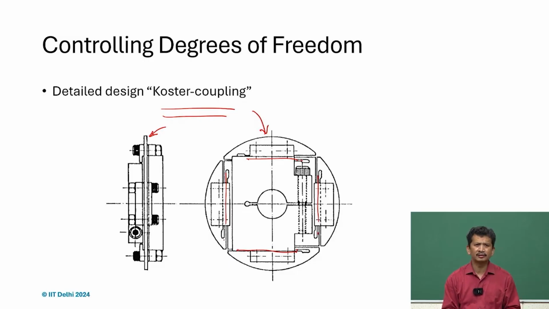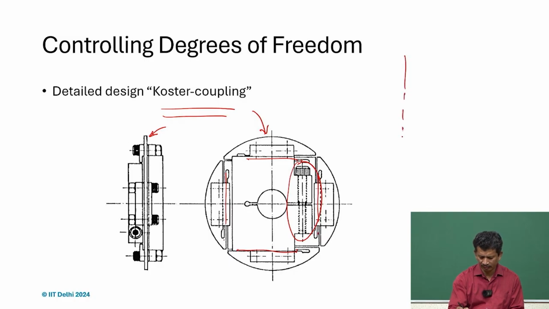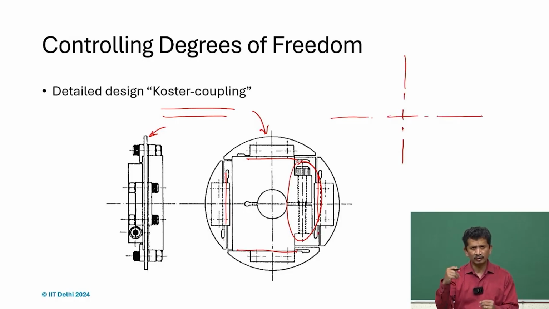One very important thing to note down is this feature, how to clamp it. And usually, if you really care about precision, you do not lock the shaft radially, you always try to clamp it.